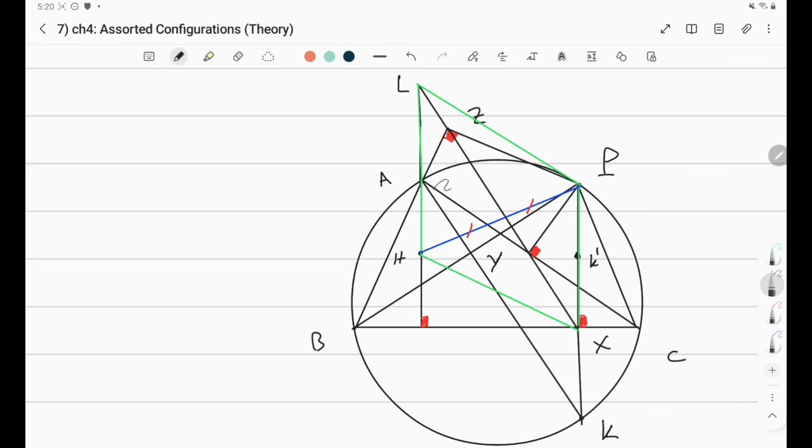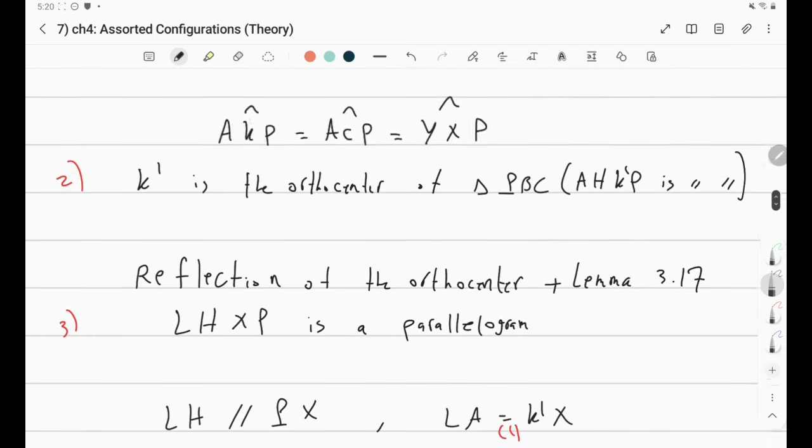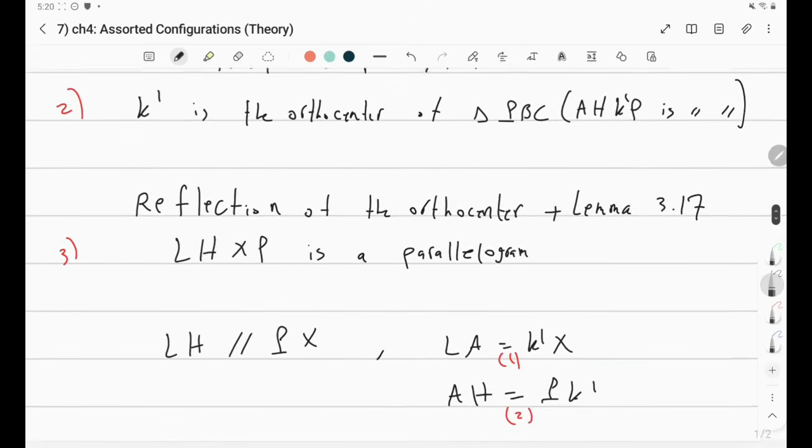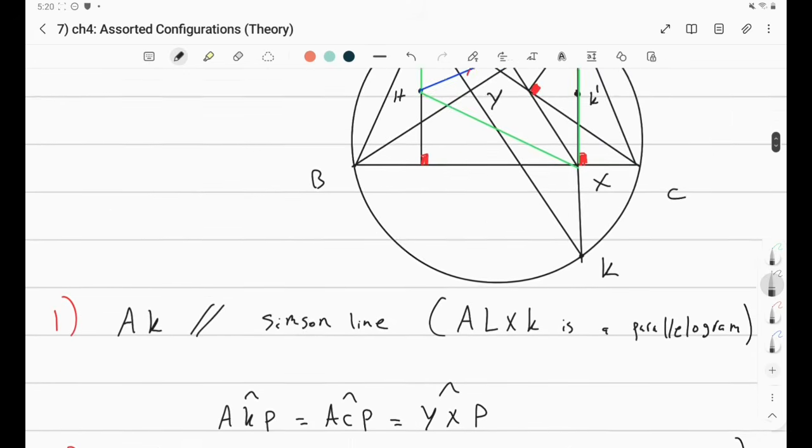Because this one actually is very, very simple. If you look, you just have a triangle ABC, a circle, some point and its Simpson line, and then you just have the orthocenter. If you join PH, then guess what? The Simpson line bisects PH. That's it. Unfortunately, in order to prove this result, you need all of these points. And that's why we try to organize these as much as we can, so that you don't waste time during the contest.